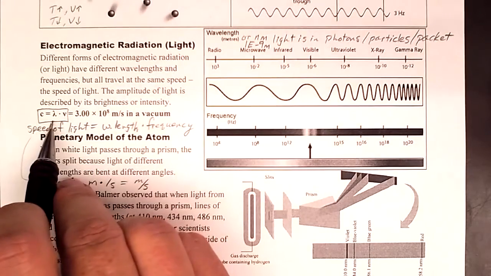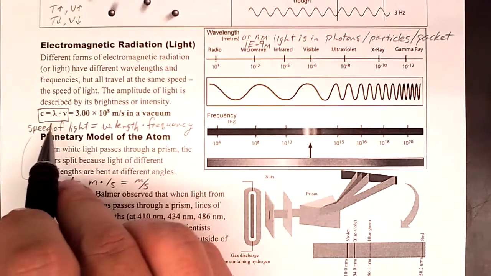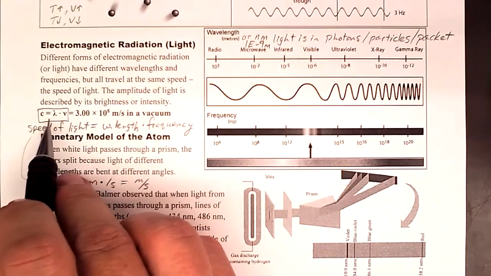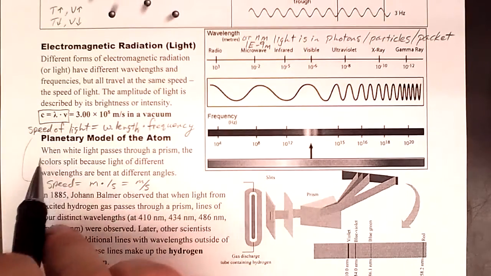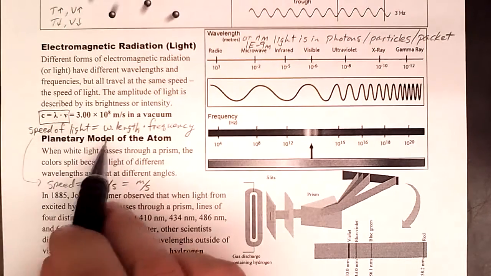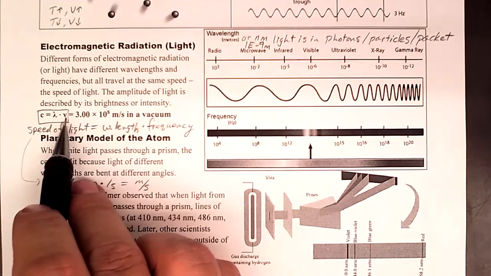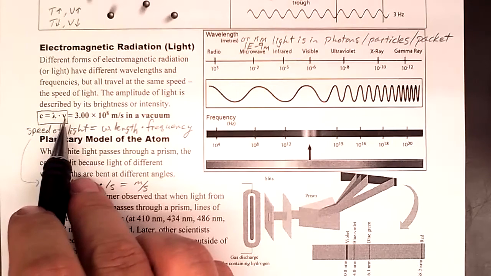Here's a pretty key equation. This is speed of light. That is called lambda, and that is the wavelength. I would take some notes. That is the wavelength. And that is called nu, N-U. It is a Greek letter. This is not a backwards H, and this is not a V. I know that looks like a V. It's not.